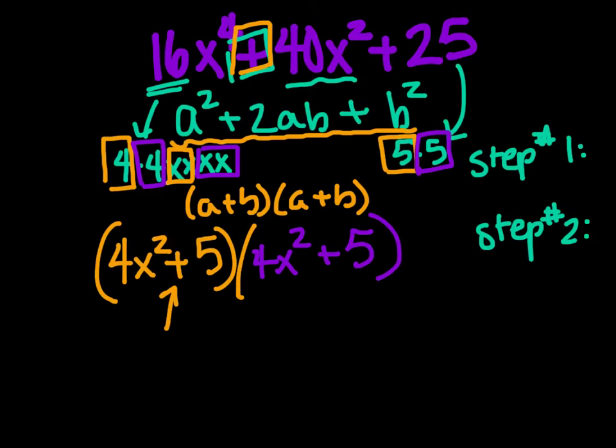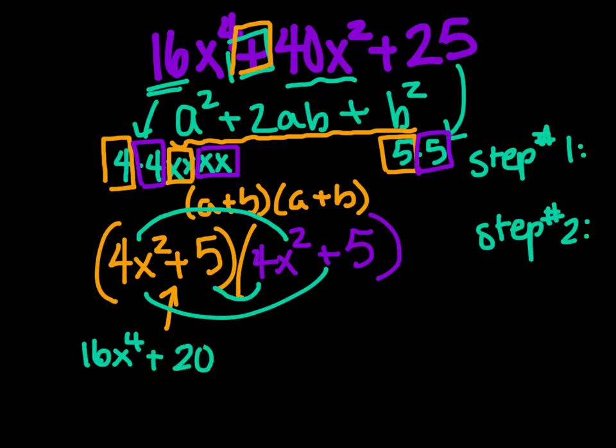Let's check our work, see if it is a perfect square trinomial. Really what we're paying attention to is our inside and outside terms, but let's make sure it all works. So 4x squared times 4x squared equals 16x to the fourth. Our outside term, 4x squared times 5 is 20x squared. Inside term, 5 times 4x squared is 20x squared.